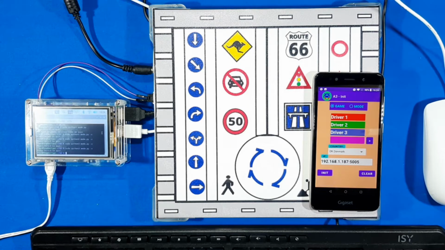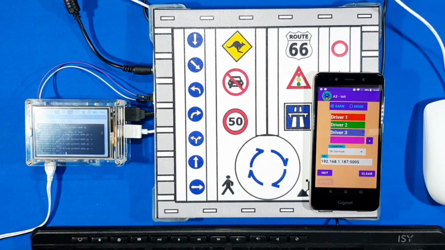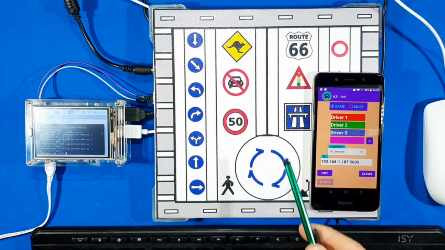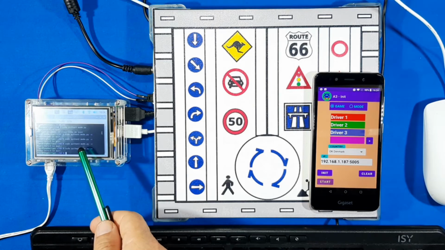So you have a smartphone, a Raspberry Pi, wireless LAN, and a Neopixel GameBoard. One can control the Neopixels of the GameBoard by app using wireless LAN, and one can control the display of the Raspberry Pi by app.